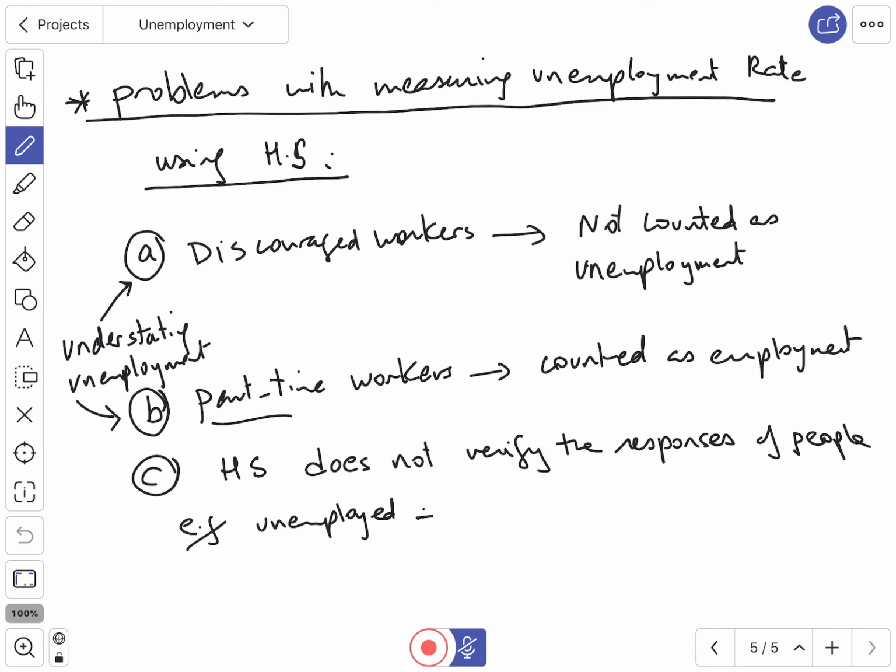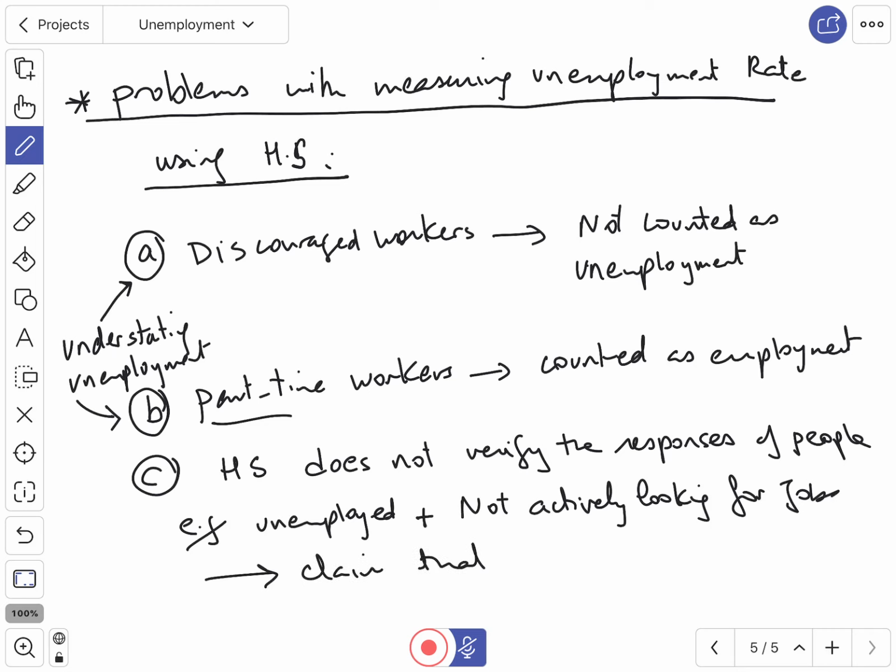So for example, if you are unemployed and you're not actually actively looking for a job, you might actually say I'm actively looking for a job. Someone might claim that he or she is actively looking for a job. Why is that?